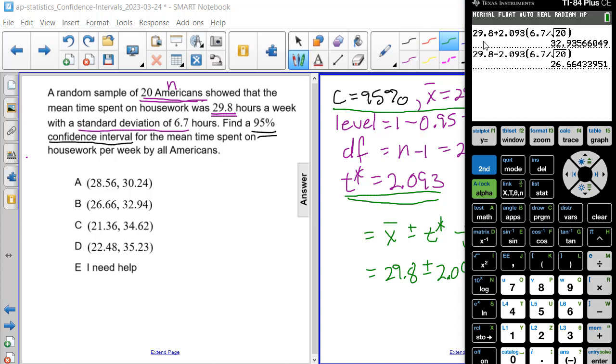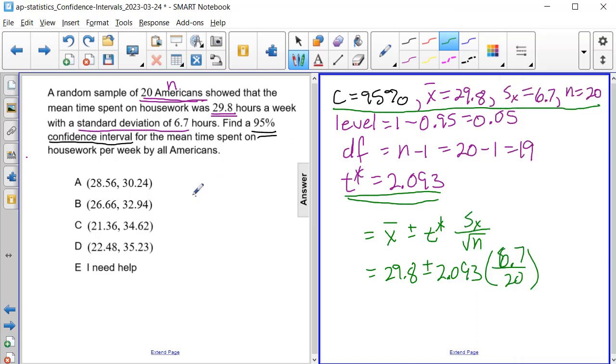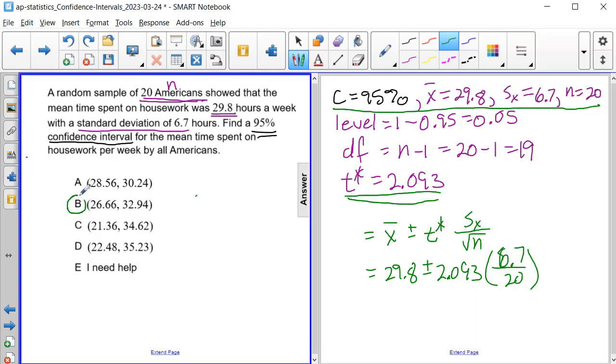If we substitute these values into a calculator and evaluate, we can see that our lower bound for the confidence interval is about 26.66, and our upper bound is about 32.94, making the correct answer to this question choice B.